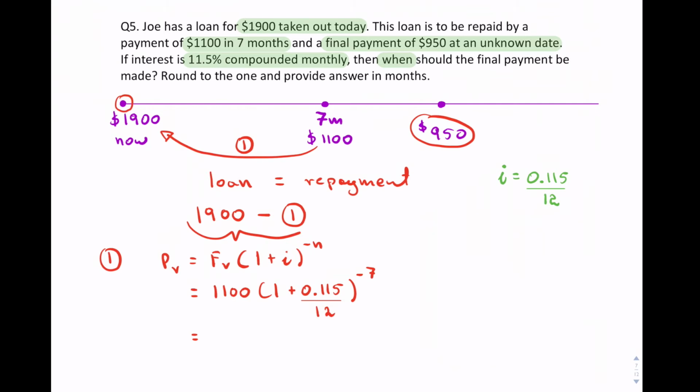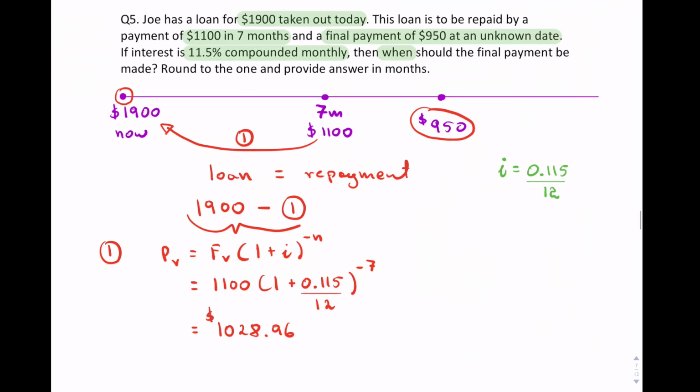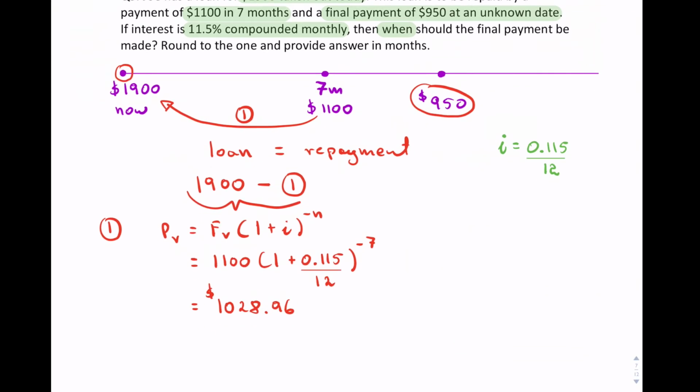Let us compute this on the side. Remember, it has to be less than 1100 because we're bringing it back. So it turns out to be this much. That is my first repayment.